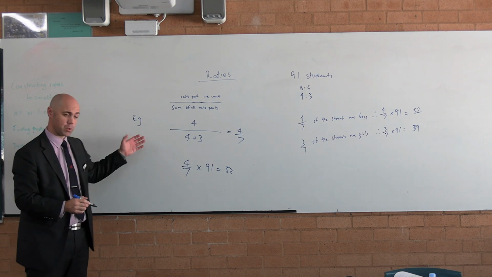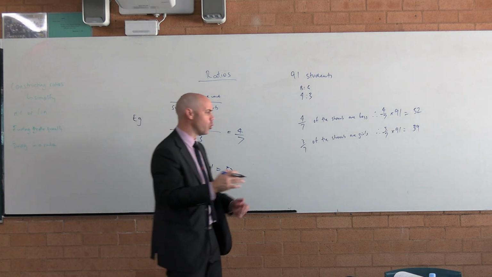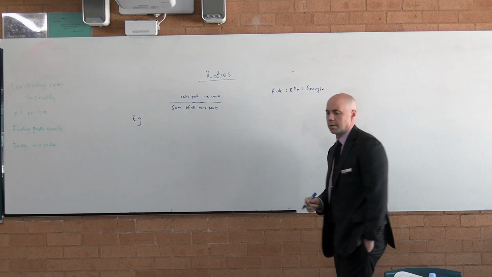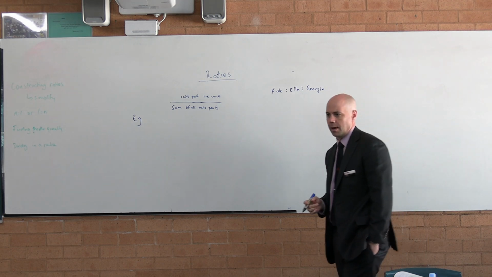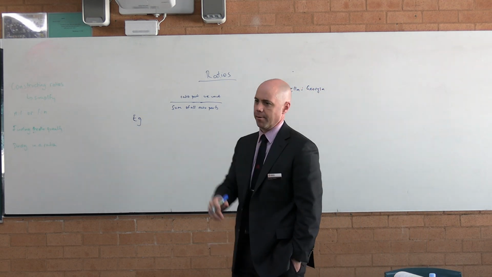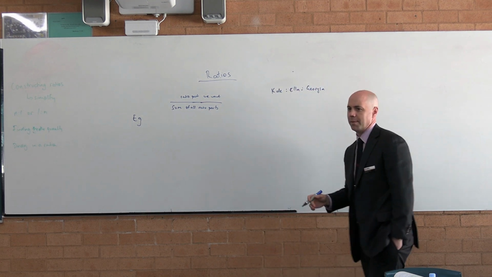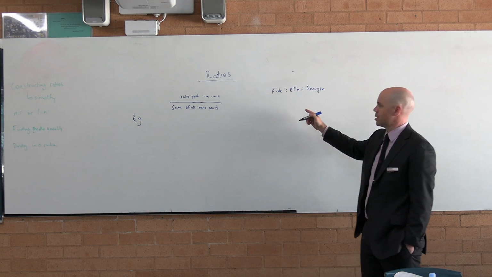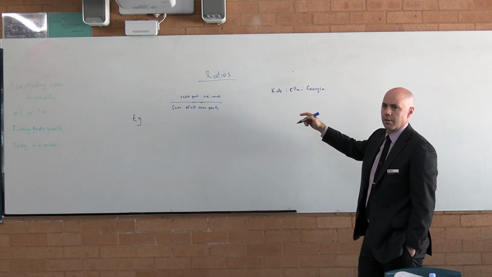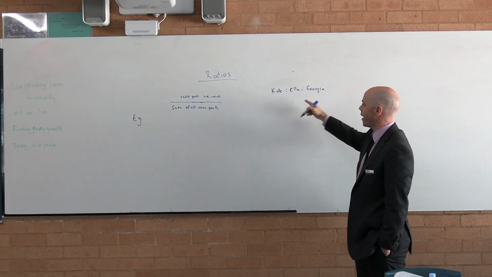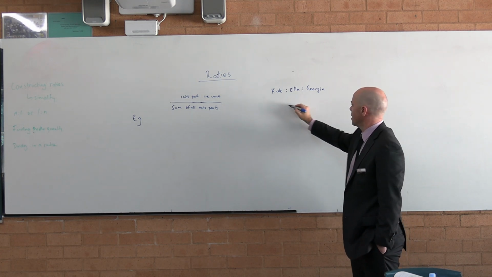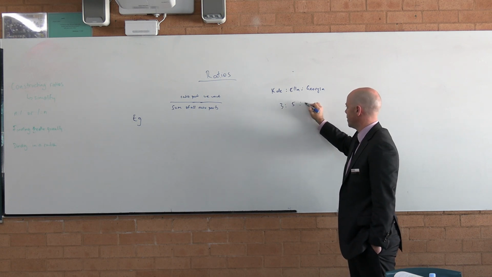Now this works even if there are more than 2 ratio parts. Let's say Kate, Ella and Georgia have gone into business, and they've frozen Taylor out. Sorry Taylor, you're not part of this anymore. Kate, Ella and Georgia have decided that of all the profits, the ratio is going to be 3 to 5 to 2.